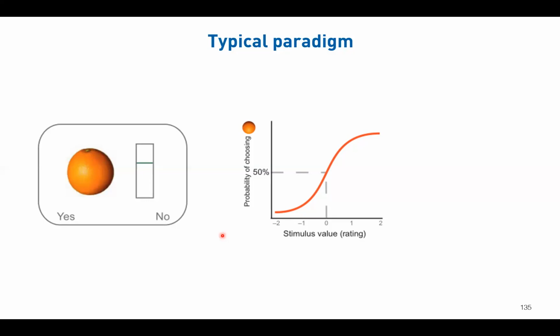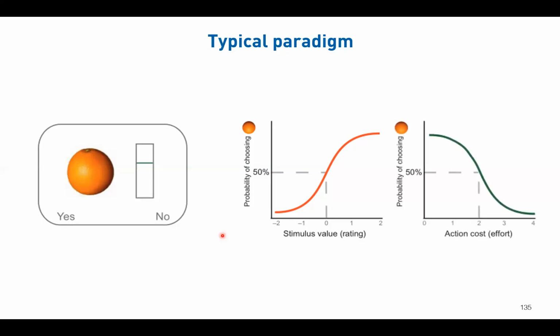And there's another component, as I said to you, there is something called effort, okay? Likewise here, in this graph, look at the x-axis. Here the x-axis means the effort, how much they have to exert to obtain the fruits. You see here, this shape is entirely the opposite, but it actually makes sense, right? The more effort I have to put in, the less likely I will choose to accept this orange. If I have to put in the maximum effort to obtain an orange, maybe I do not want to do it.